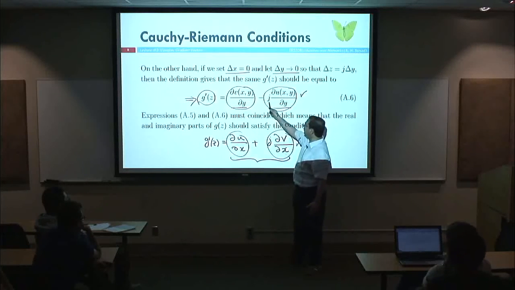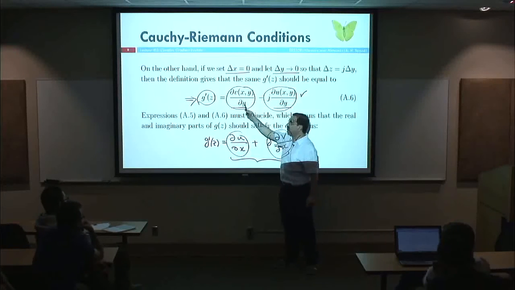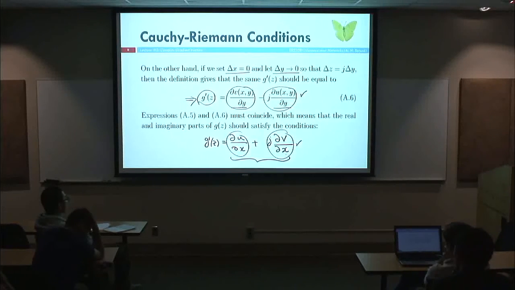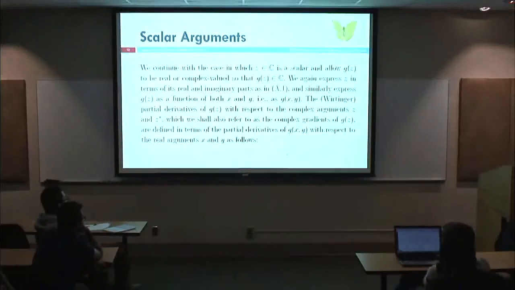Here, if you multiply by j, you are going to get that j times the partial derivative of g relative to y. So if you combine these two factors and you divide by 2, it's simple algebra, you can do it. You get this expression here.